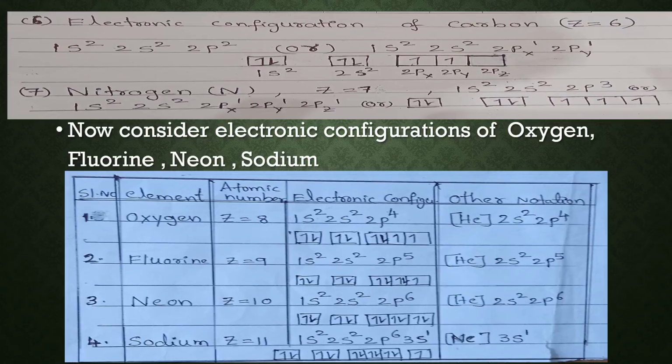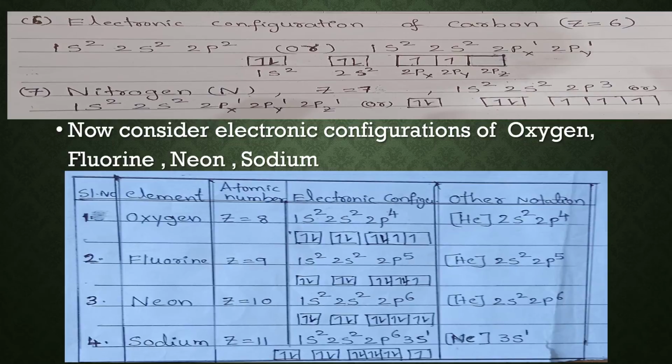The elements having octet structure in valency shell are called inert gases. What are the inert gases? Helium, neon, argon, xenon, radon, etc. Except helium, remaining inert gases contain octet structure in the valency shell.